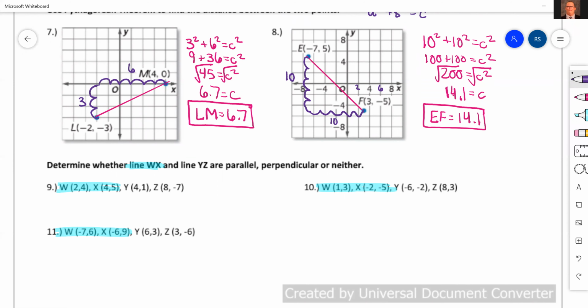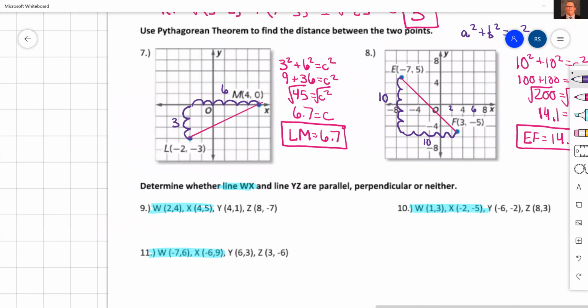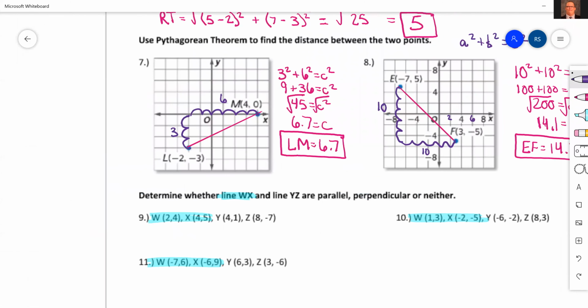Okay, so let's start on number 9 and do WX first. Oh, well, I guess it might help if we have a formula. So remember for slope, that's where we do y2 minus y1 divided by x2 minus x1.